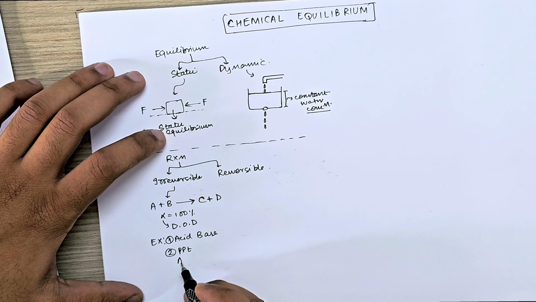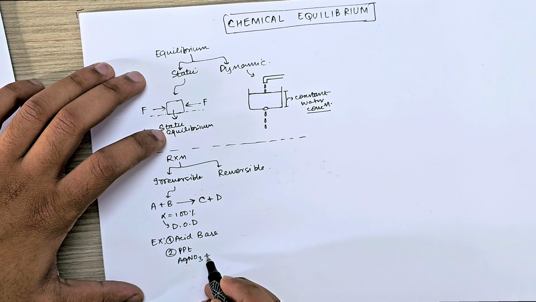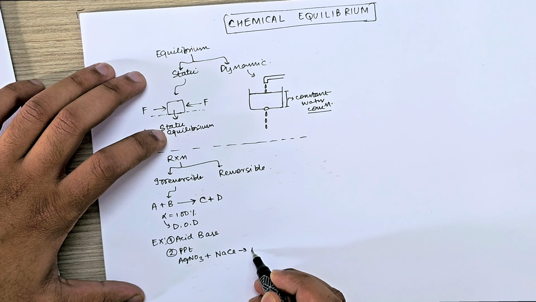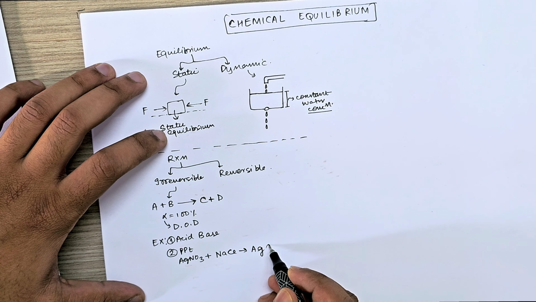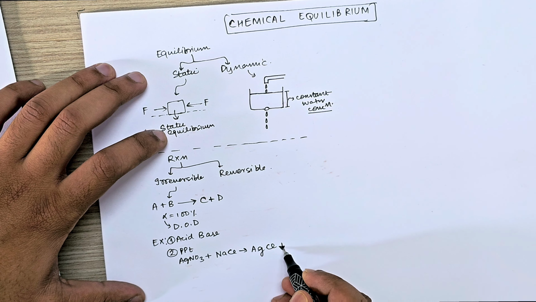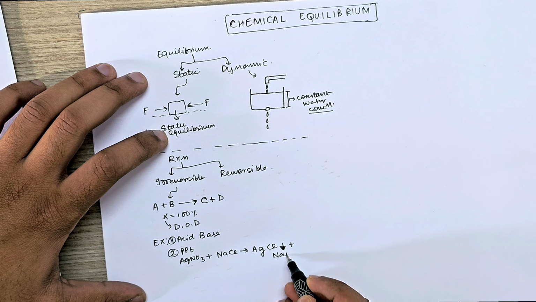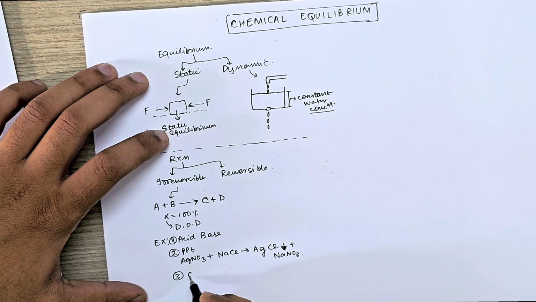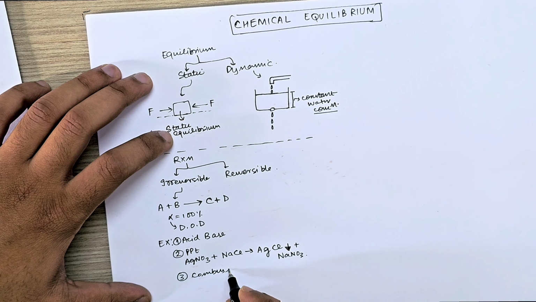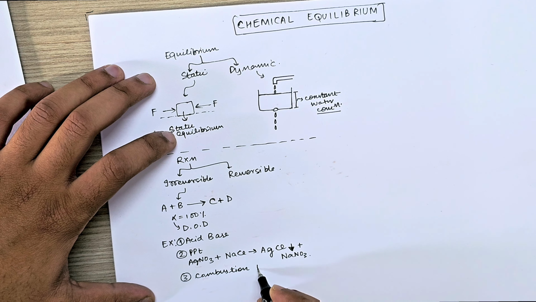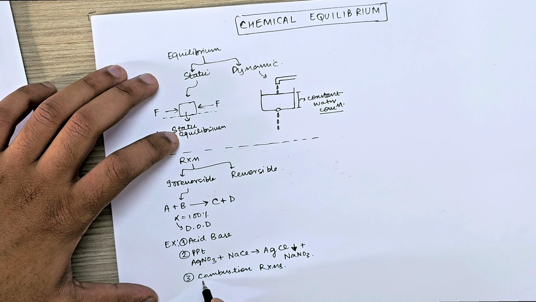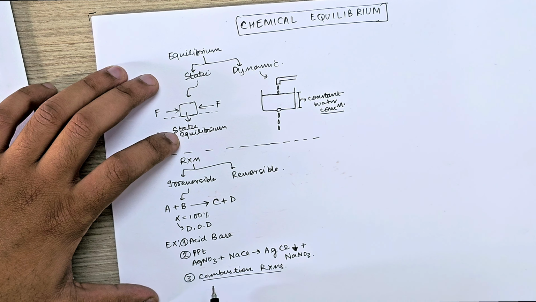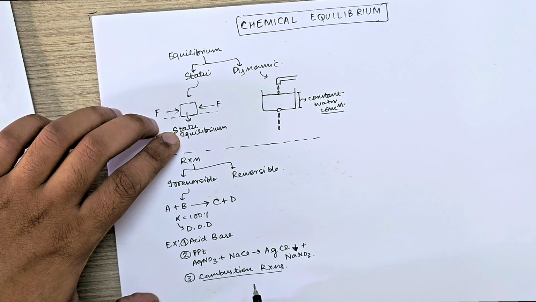For example, AgNO3 is reacting with NaCl and converting into AgCl, which is the PPT, and NaNO3. And your combustion reaction, for example, carbon is combining with oxygen and converted into CO2 and heat.